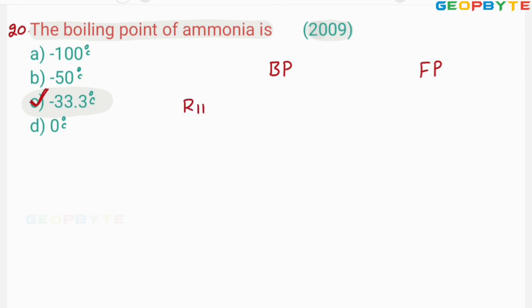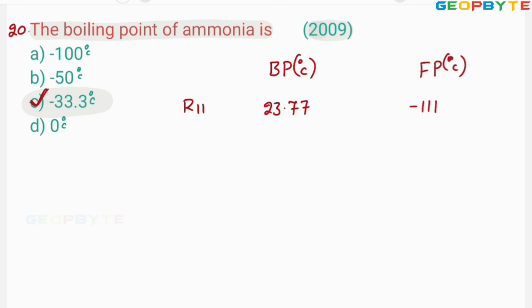For R11, boiling point is 23.77 degrees centigrade, and freezing point is minus 111, also in degree centigrade.